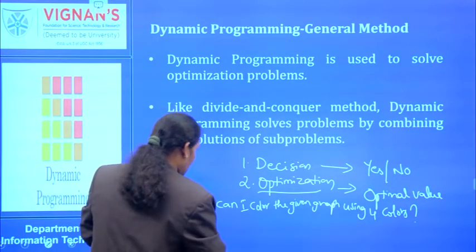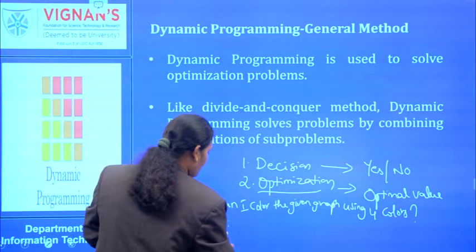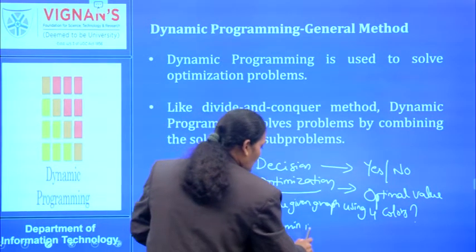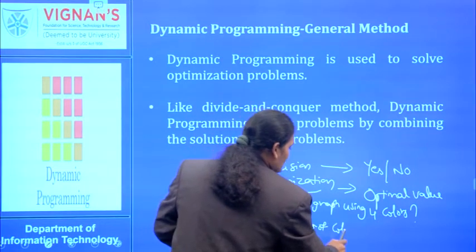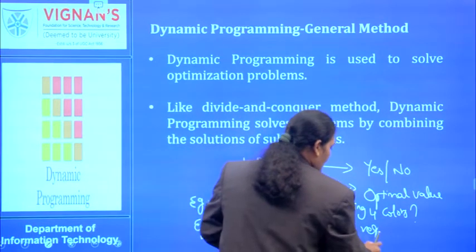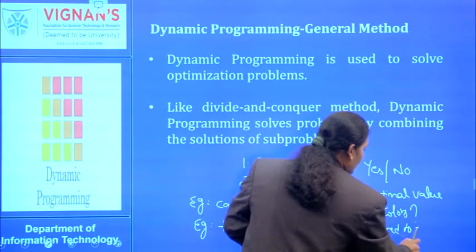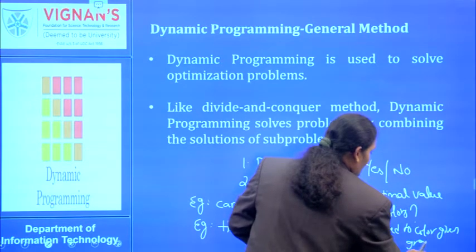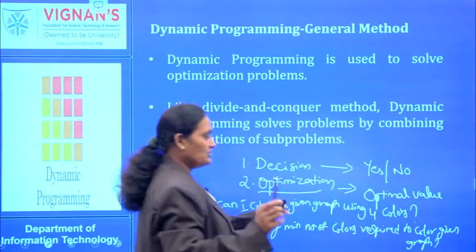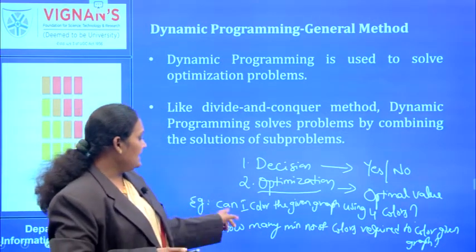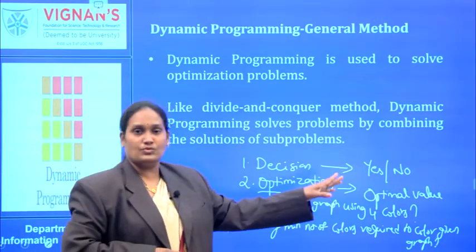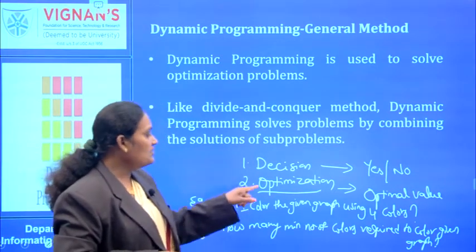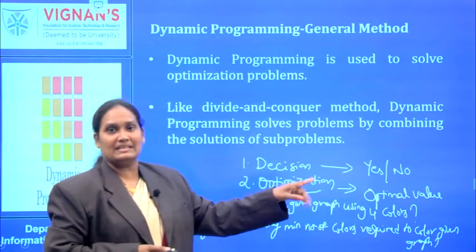Another question I am asking is: how many minimum number of colors are required to color the given graph? Here I have given 2 problems. One problem is, can I color the given graph using 4 colors. That is the first problem. And the second problem is, how many minimum number of colors are required to color the given graph. That is the second problem.